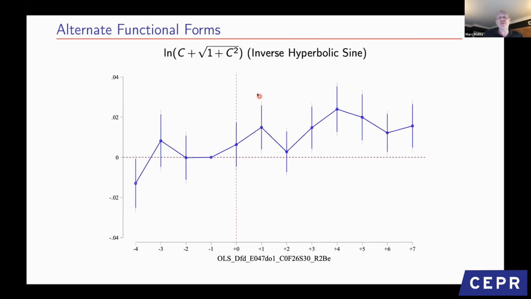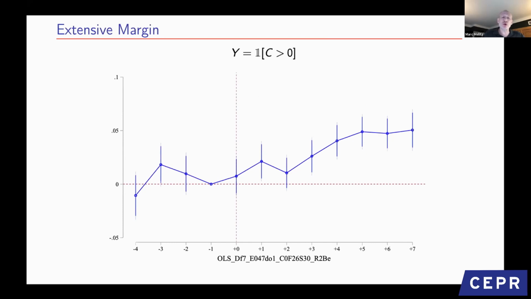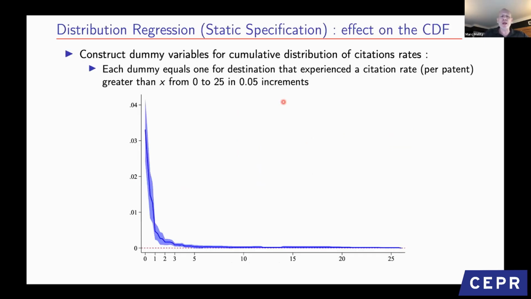We try alternate functional forms. Let me just show you that, as I mentioned before, we see a very, very strong response at the extensive margin, which is this binary indicator of the firm getting its first citation. Another way to measure this, and I don't have time now to talk about this specification, is to break down how many new citations the firm is getting.